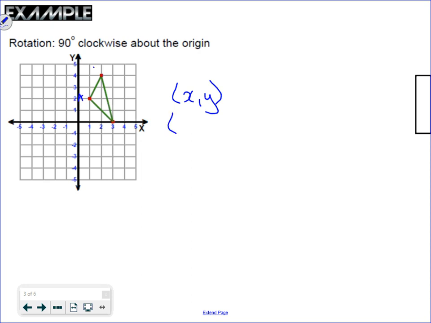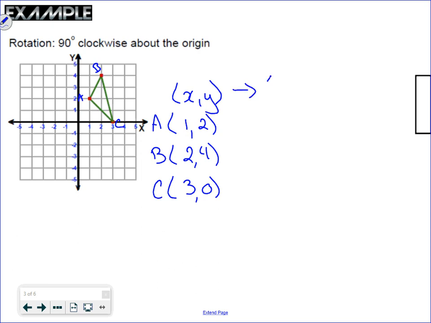So point A is at 1, 2. B is at 2, 4. And C is at 3, 0. Now, if we are rotating 90 degrees clockwise about the origin, our new coordinates will become y, negative x.